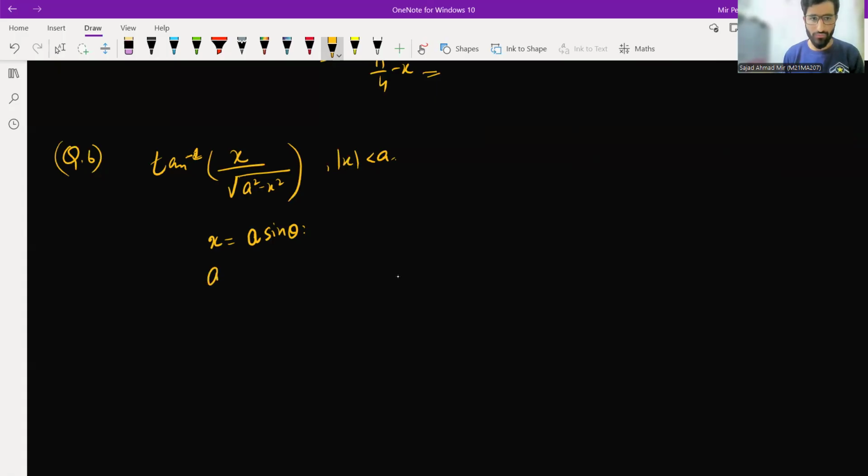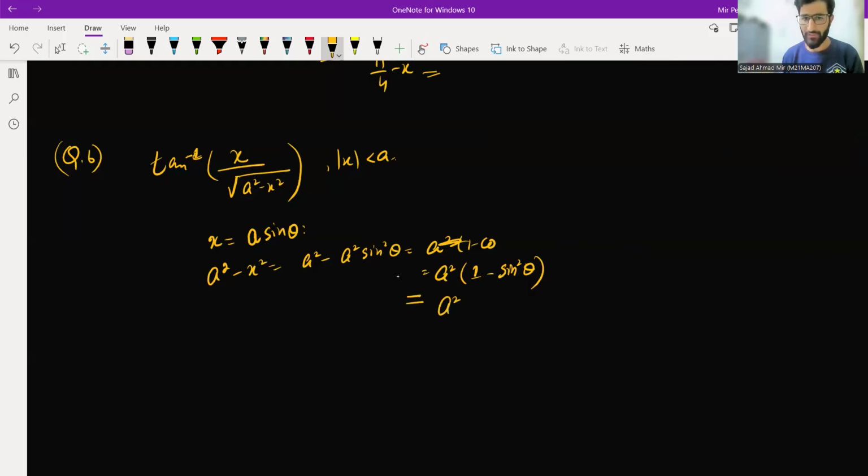Now a square minus x square will be a square minus a square sine square theta, which is a square times 1 minus sine square theta. This will be a square cos square theta. So tan inverse of x divided by root of a square minus x square.